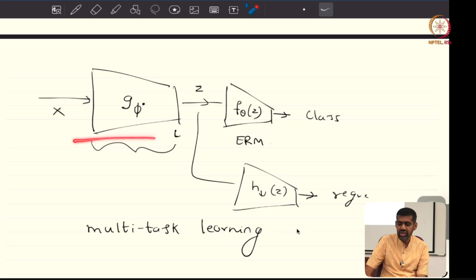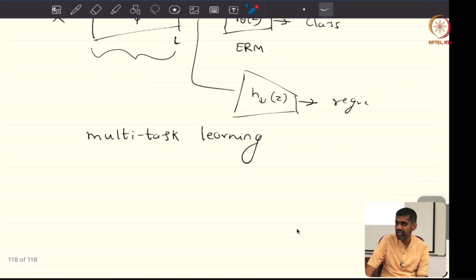The initial set of features to be learned to solve a particular task on the same data are the same. So you share the parameters across different tasks. So this is about transfer learning, pre-training, multitask learning, and so on, different paradigms of learning. Any questions on this?